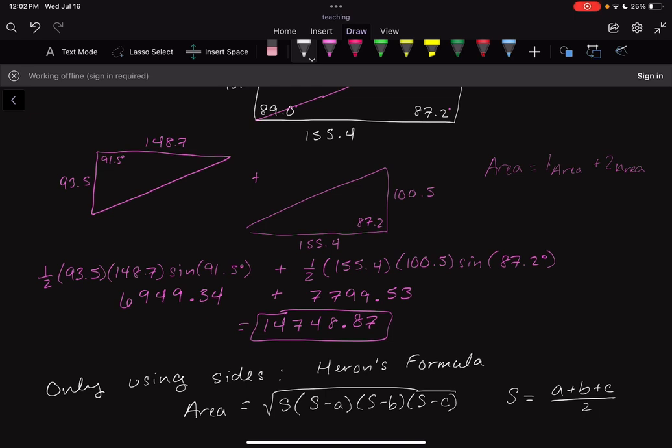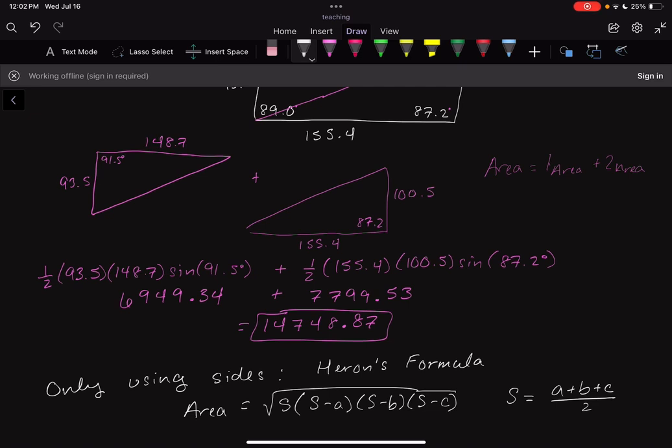I don't think so. No, there's a trapezoid one that has some radicals and stuff in it. That might be a little hard just to deal with.